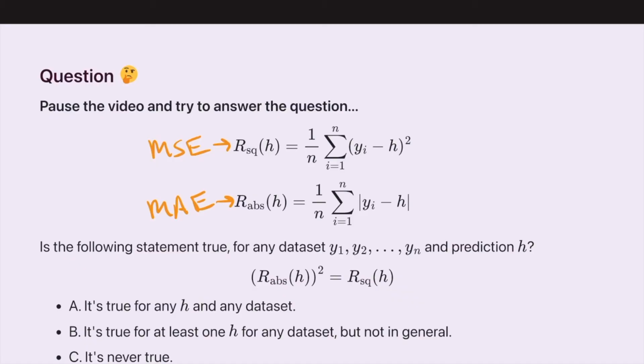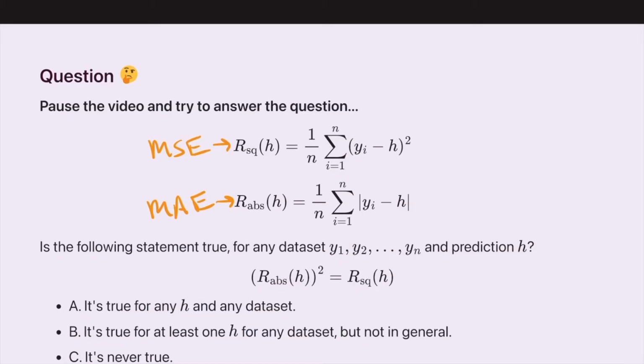For any data set and any prediction H, if you square the mean absolute error, that is, if you square this entire thing, do you just get mean squared error? So if you square mean absolute error, is this what you get?